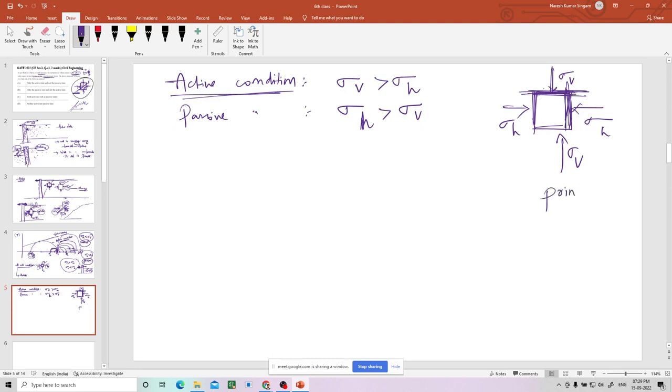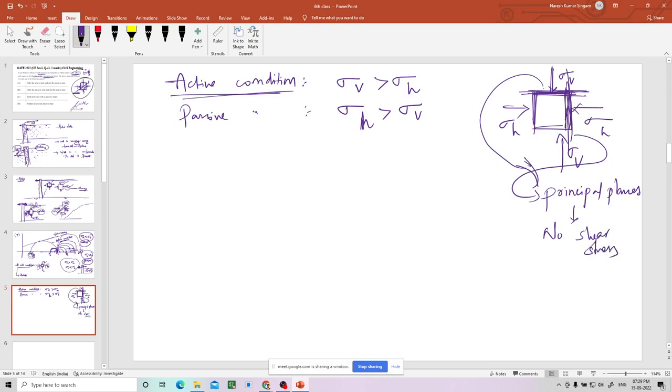Remember, principal planes. Why? Because there are no shear stresses. This is a principal plane and this is a principal plane. Why? Because no shear stresses. So now you know what a principal plane is and what will be there in the active and passive conditions, and what you have to find out.